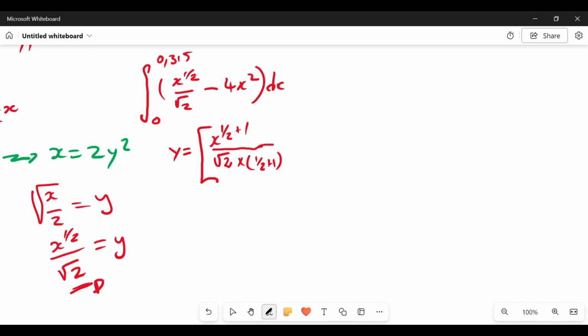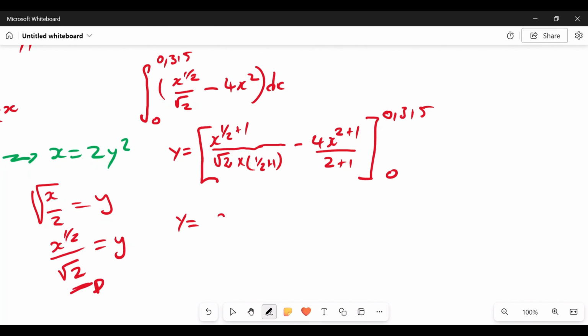There we go. Minus 4x to the power of 2 plus 1 divided by 2 plus 1. Let us not forget, the upper limit is going to give us 0.315, and then this is going to be 0. Now let's simplify.